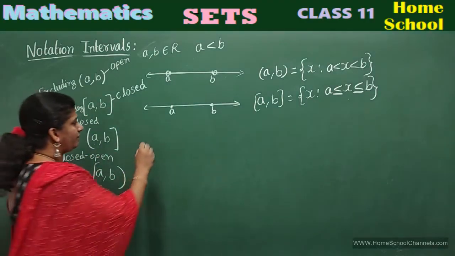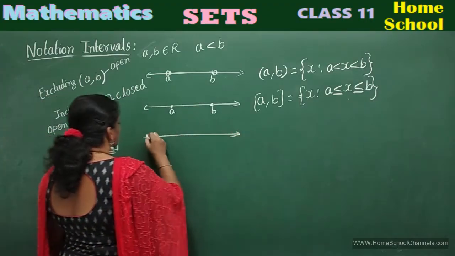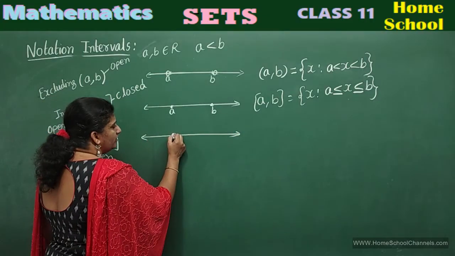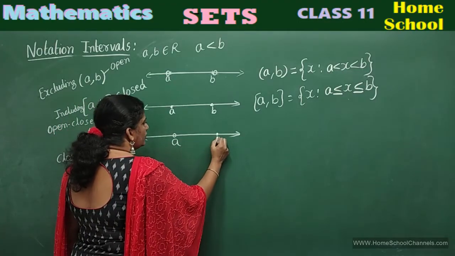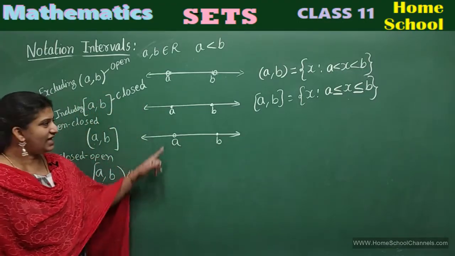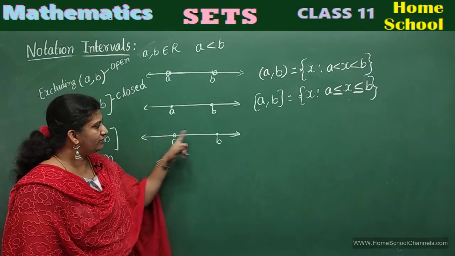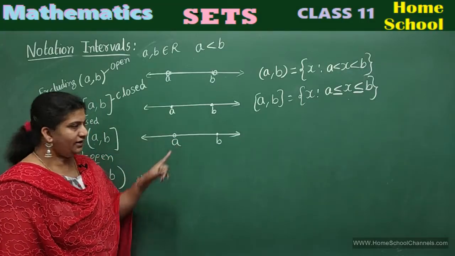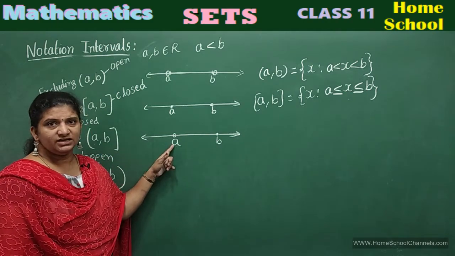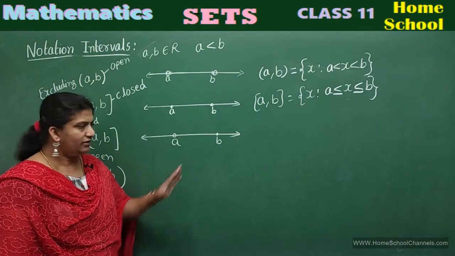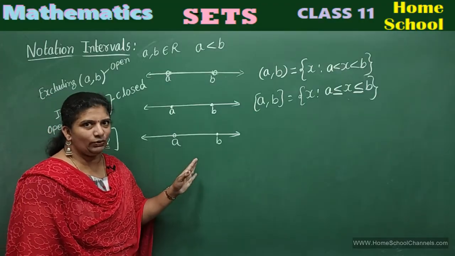See the next one. Open, closed. How are we going to write it? Small circle, open. This is closed. Are you able to identify what I am putting here, the dots? Right? Open, closed. Open means this is not included. B, this is included.